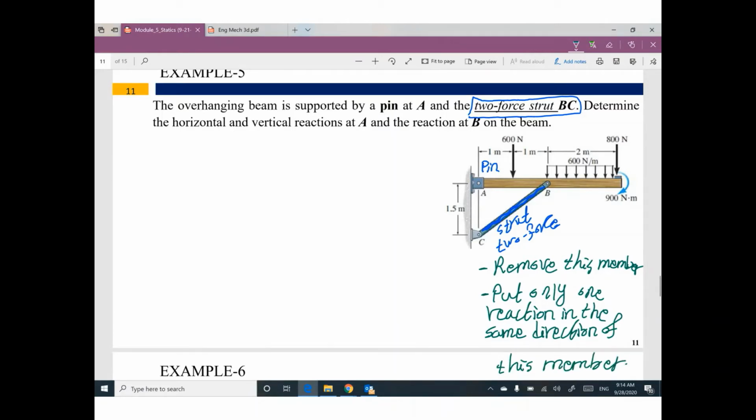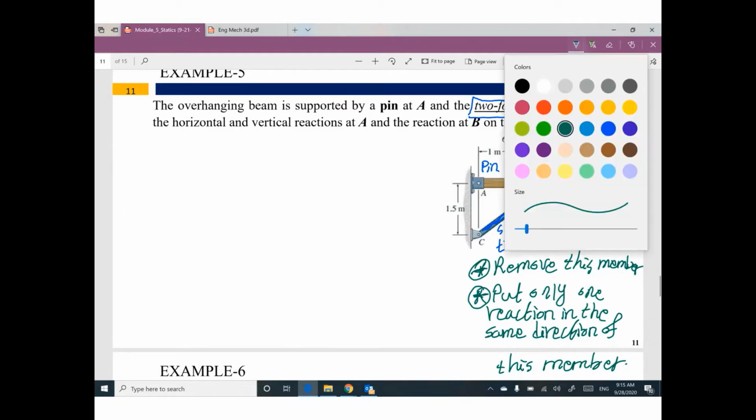We have two rules here. These two rules only if you have this type of members, two-force strut. So first step, you need to remove this member.